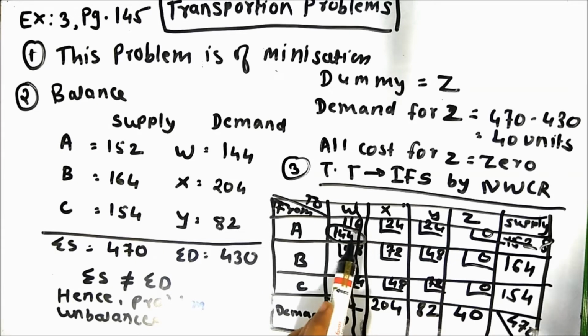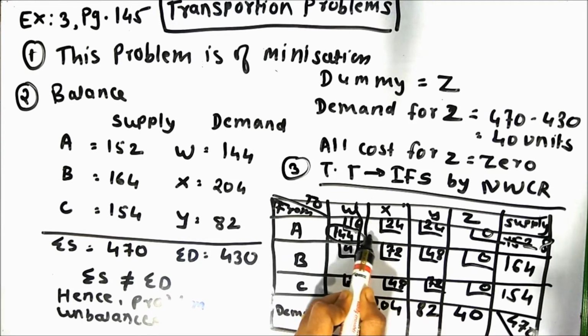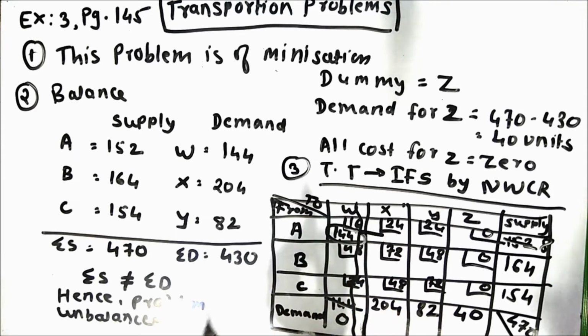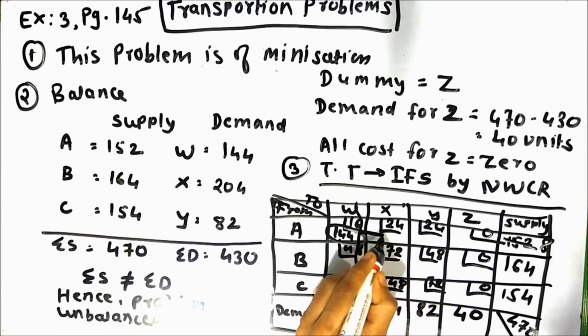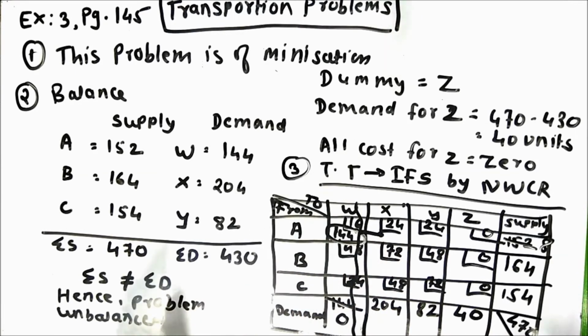Next, let's do further. Now our left corner is over. Now we'll be moving to the right, as we are going to draw this in a staircase design. Now we'll be giving our allocation here.